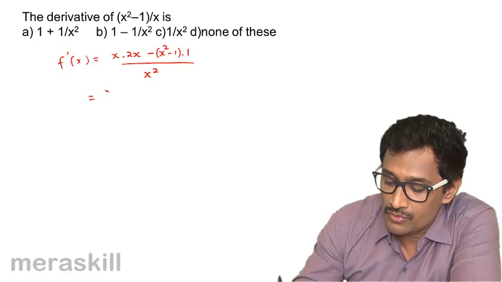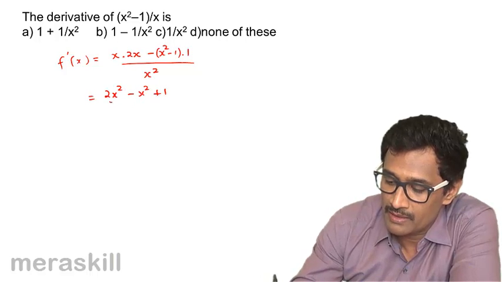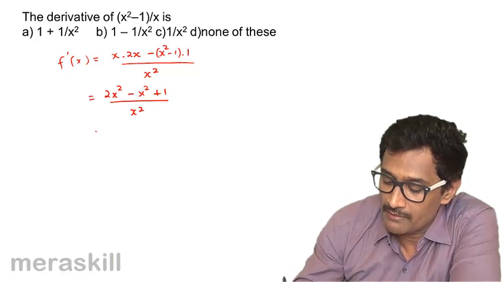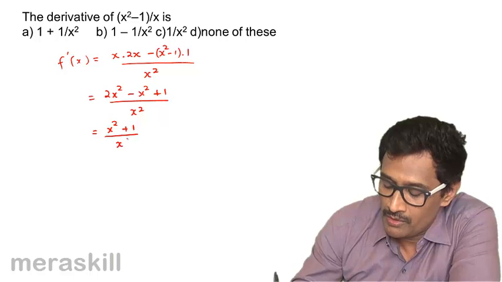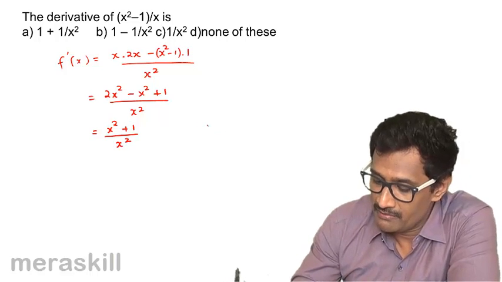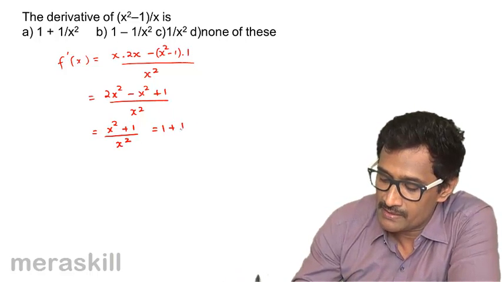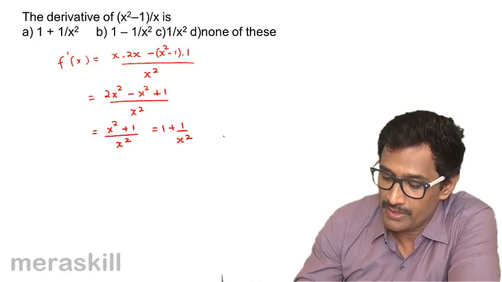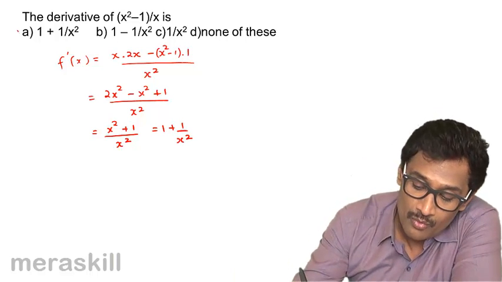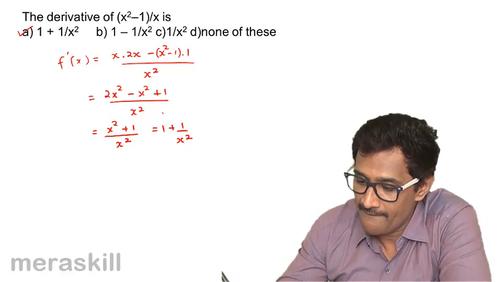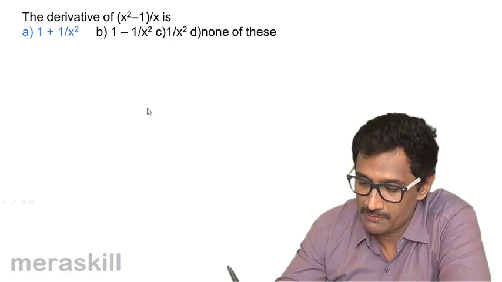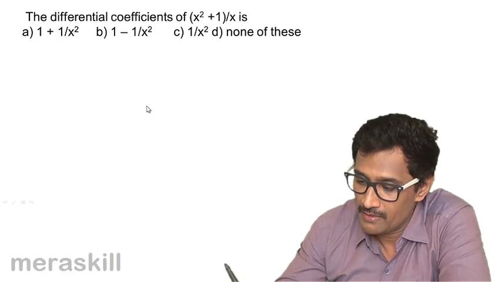So this gives you 2x square minus x square plus 1 upon x square, which is x square plus 1 upon x square, which eventually is 1 plus 1 upon x square. So f dash x is 1 plus 1 upon x square.